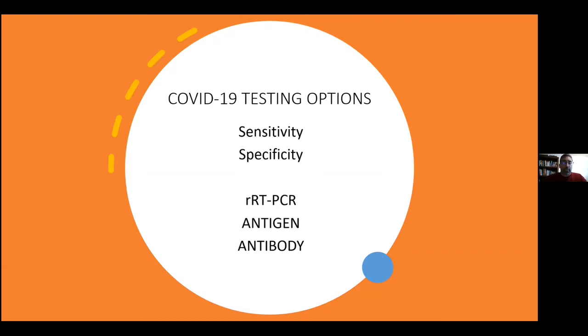Now, antigen tests, which are typically point-of-care evaluations, which means you get the results back in 15 to 45 minutes, on the other hand, look for molecules on the surface of the virus, which is not as sensitive or specific as the PCR. In addition, antigen tests are not able to detect COVID-19 at much lower viral loads, which can produce higher false positives and negatives.